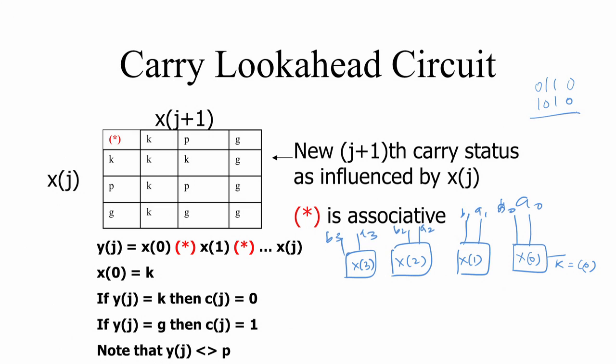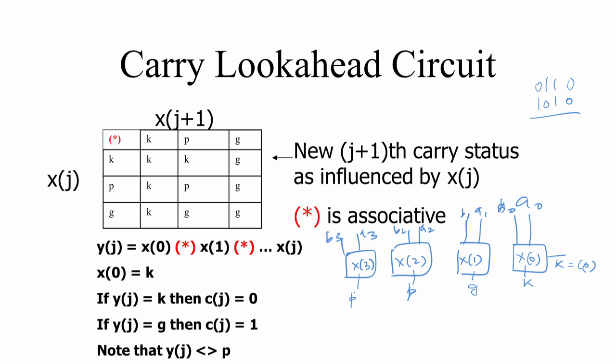Now, A0 and B0 are 0. So, what is the status of this? This is kill, okay, and what is the status of this? This is generate and this is propagate and this is what? This is also propagate, fine.